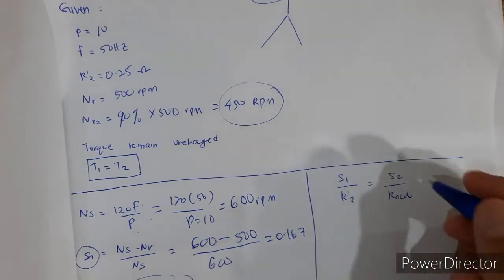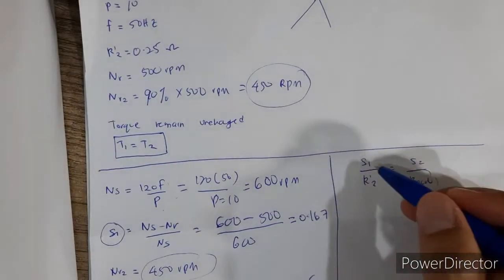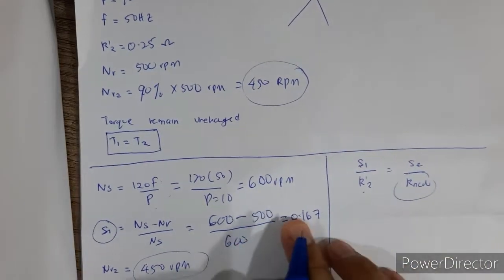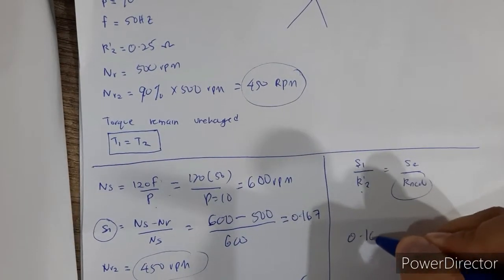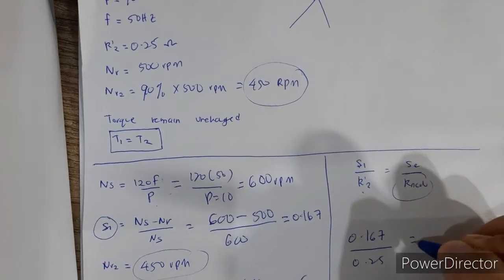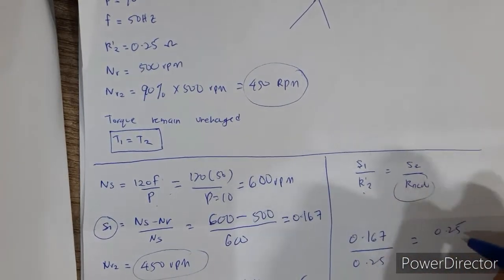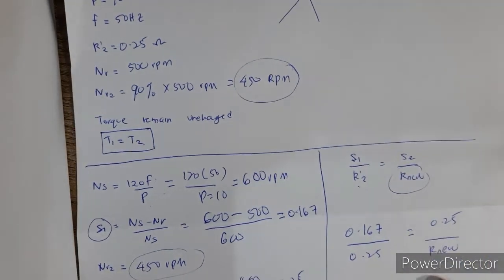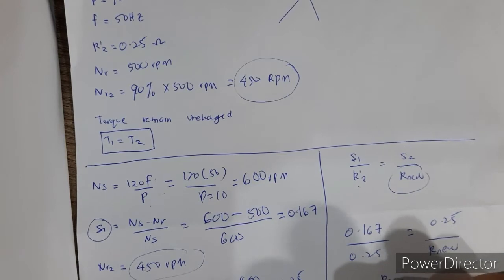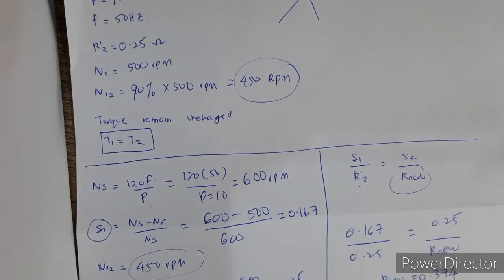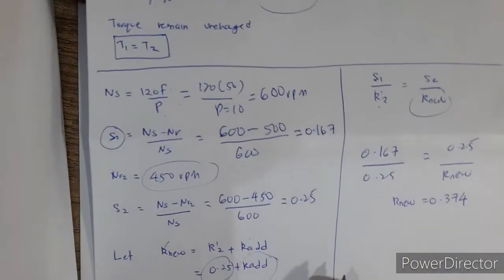So you can determine R new by inserting all these values we already know. S1 is 0.167 over R'2, which is 0.25, equals S2, which is 0.25, over R new. So R new we will get equals 0.374.